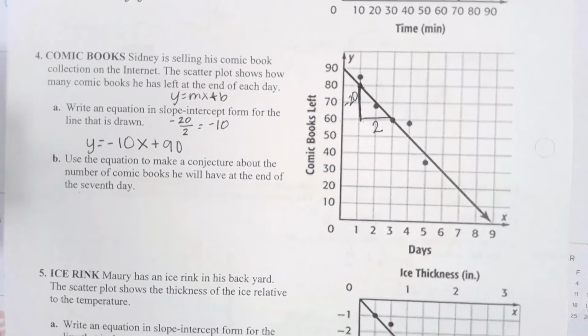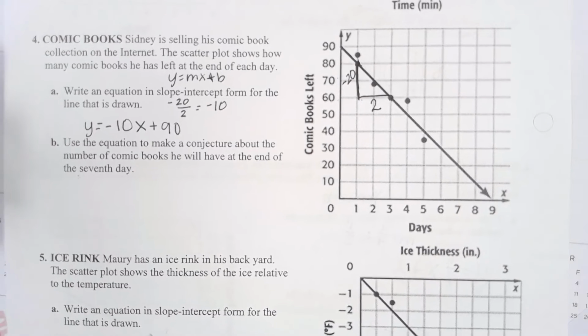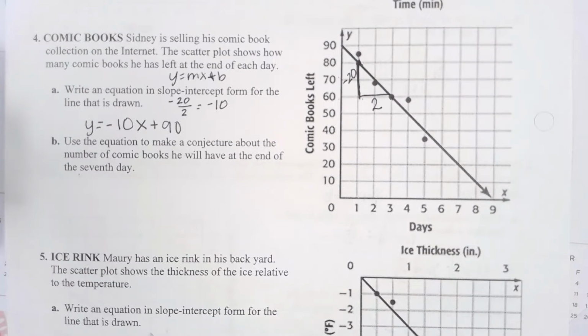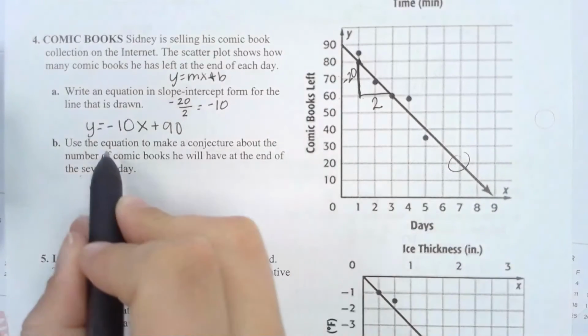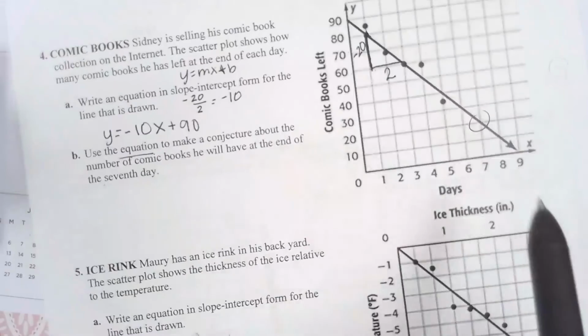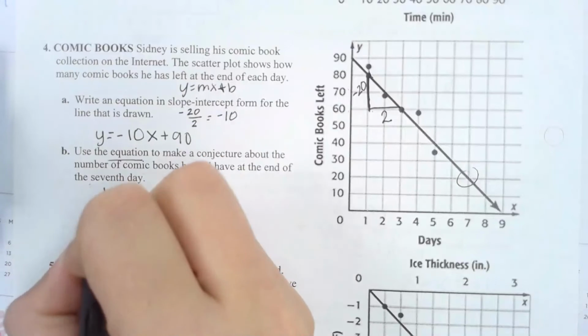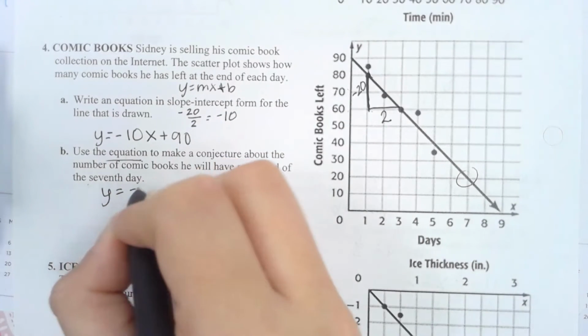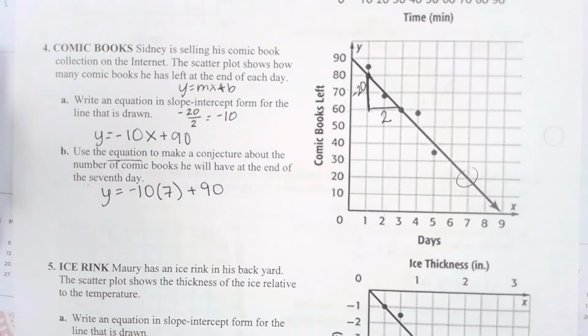All right, and then use your equation to make a conjecture about the number of comic books he will have at the end of the day on the 7th day. So on the 7th day, again, you can use your line of best fit to predict, but let's just use our equation since it does say to use the equation. So all that I'm going to do to figure out how many comic books he will have at the end of it is plug in 7 for x, and then just solve this.